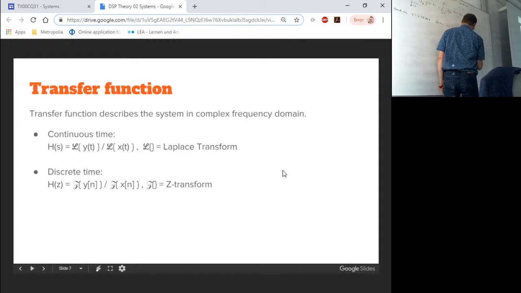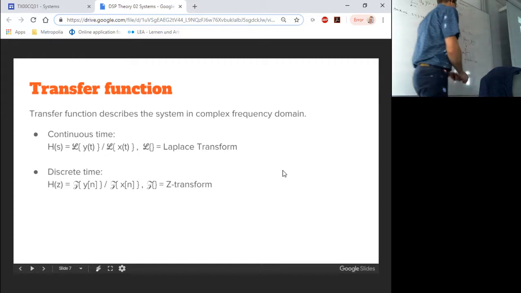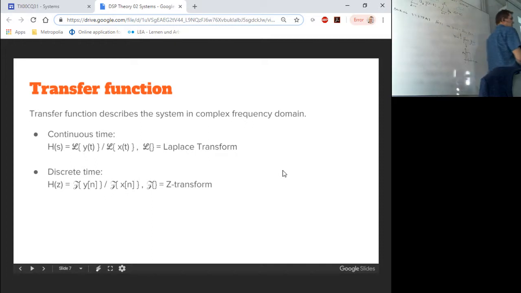You have the frequency response, for example like this for a low pass filter, H of omega. Whatever the signal spectrum is, on output you have only the low frequency terms, if you have a low pass filter.